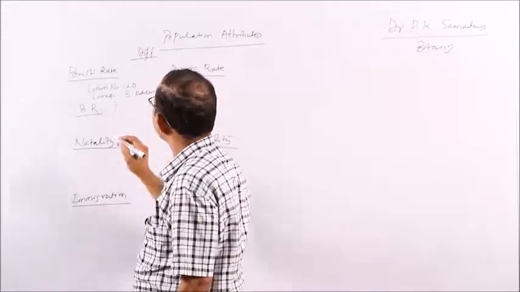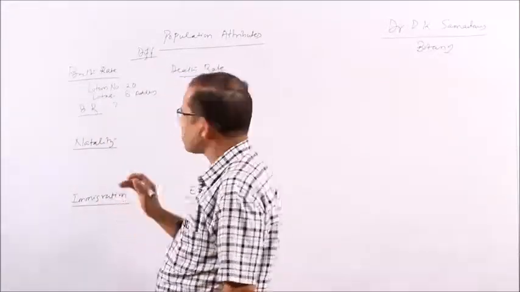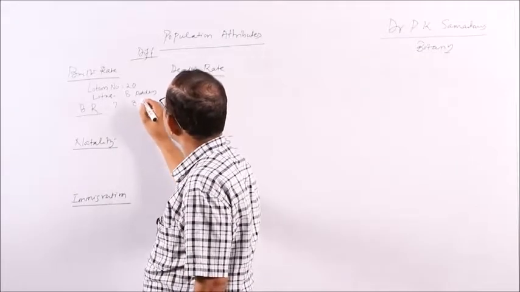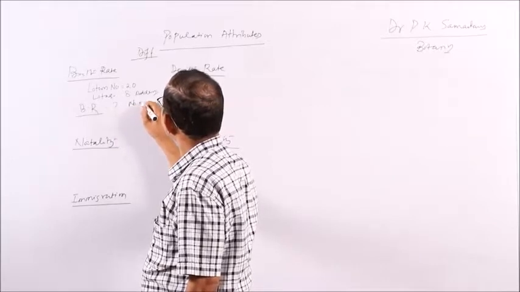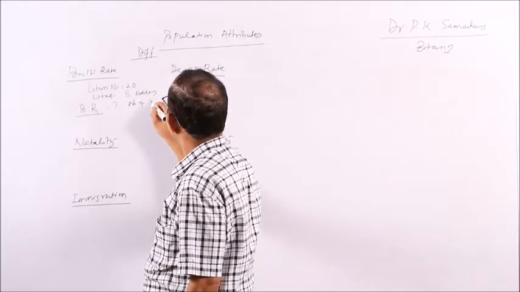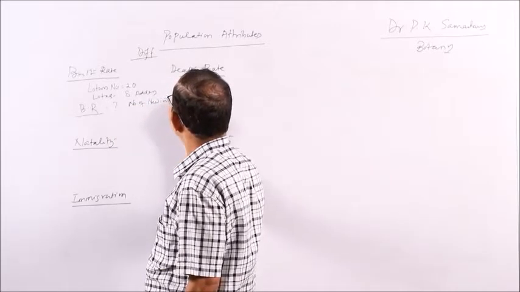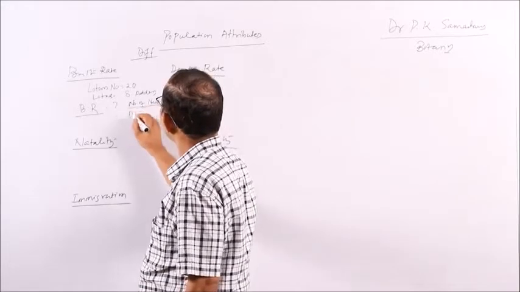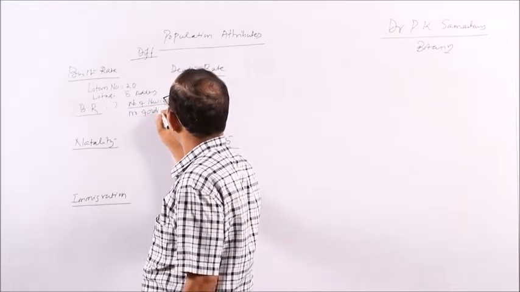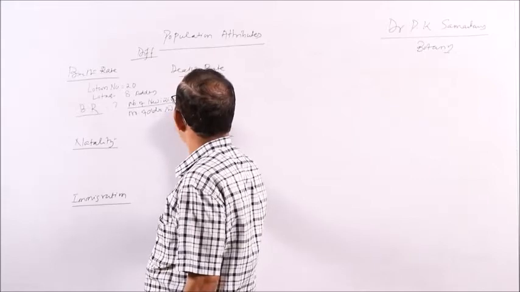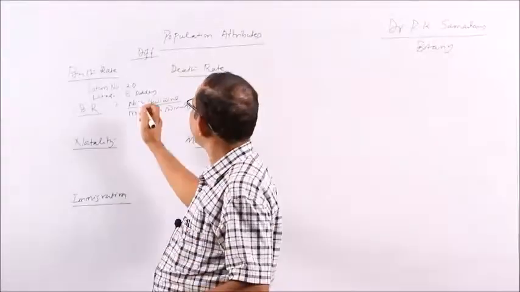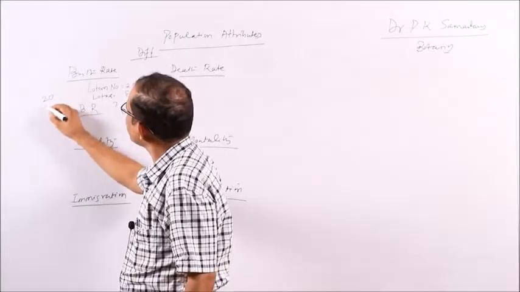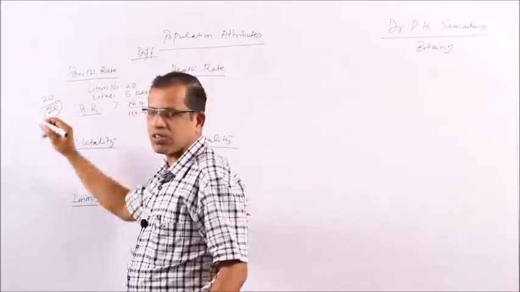It is very easy to find out. The 8, that is the number of new individuals, divided by the number of older individuals. Here the confusion arises whether it is 20 or 28.